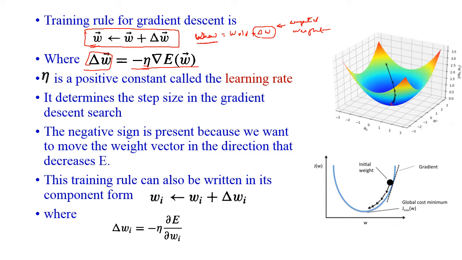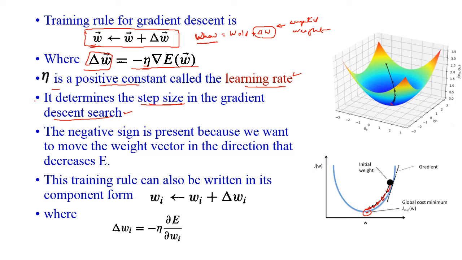Here n is the learning rate. The n is a learning rate, which is a positive constant, and it determines the step size in the gradient descent search, that is, how many steps it takes to reach the global minimum.